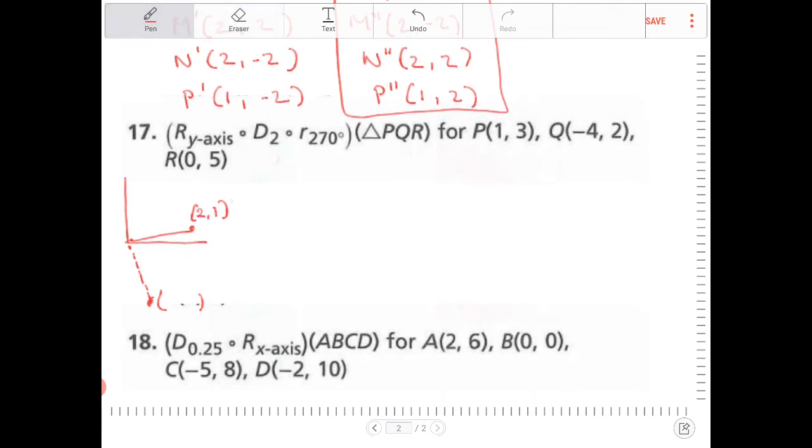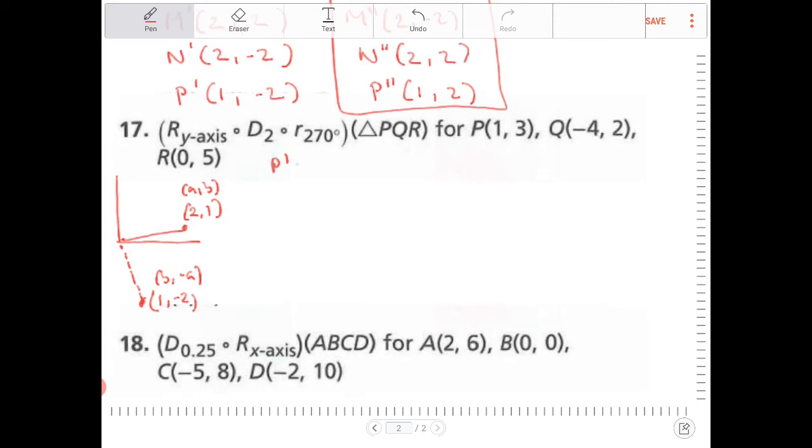Let's say 2, 1. You can clearly see that in order for this to make sense, 1 would have to remain positive and 2 would have to be negative. Okay, so again, we're going from a comma b to b comma negative a. All right, so when we're rotating something by 270 degrees, we're going to be using this formula here.